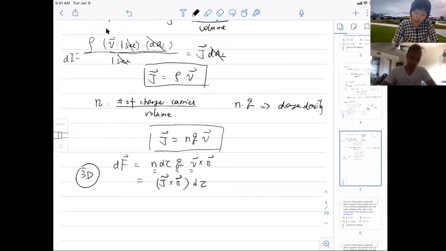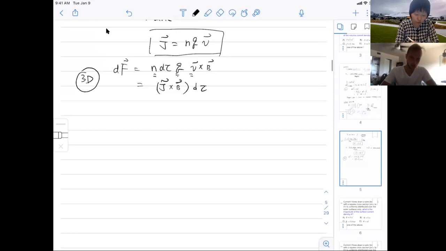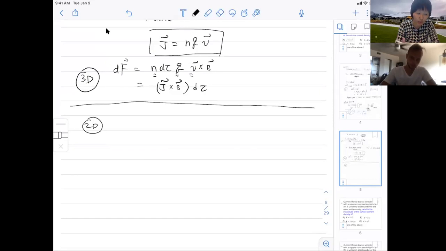We also have obviously a 2D situation. For a 2D situation, current is flowing on the surface, so charges simply distribute themselves on the surface. Charges live on surfaces, and we define a surface current density.